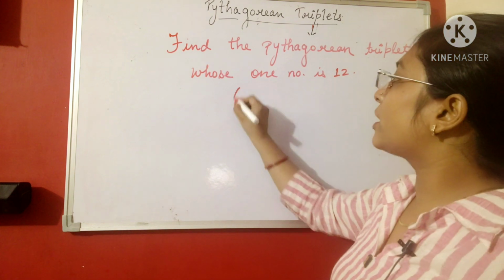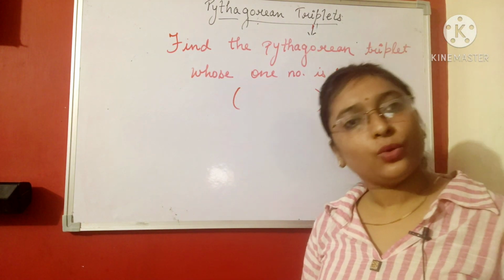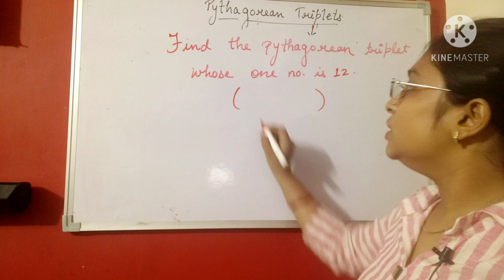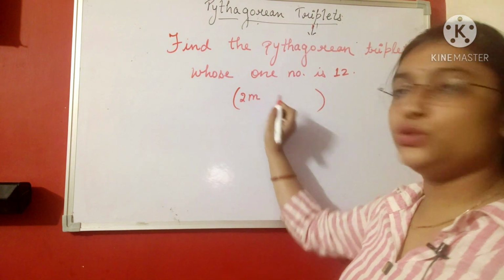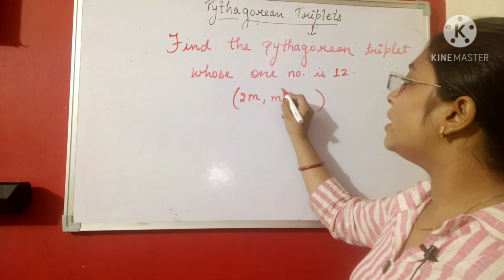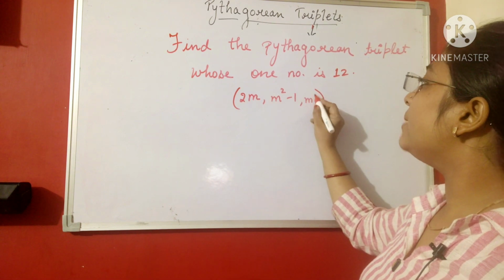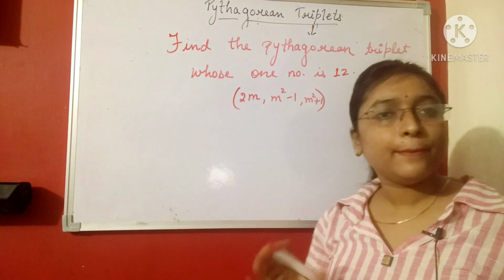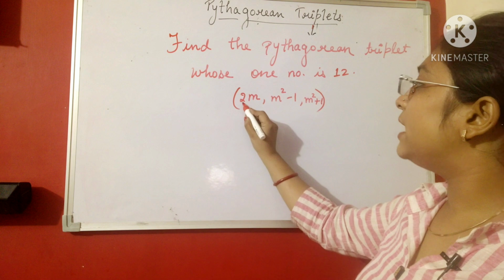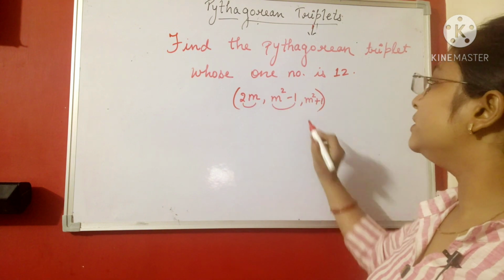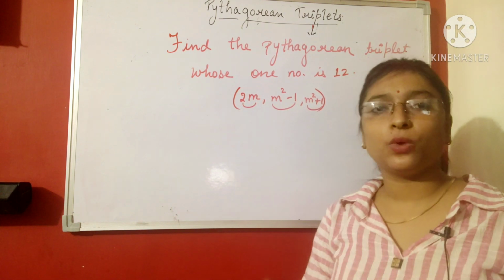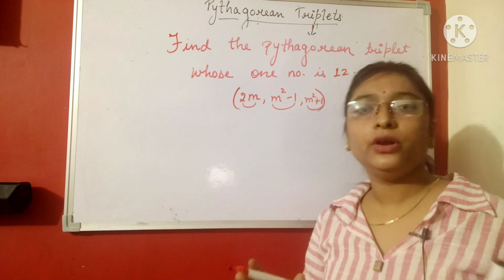Now we were talking about Pythagorean triplet and those were 3 numbers, right? So those numbers will be 2m, m square minus 1 and m square plus 1. This m is unknown, right? So 2m, m square minus 1, m square plus 1 will be the Pythagorean triplet.